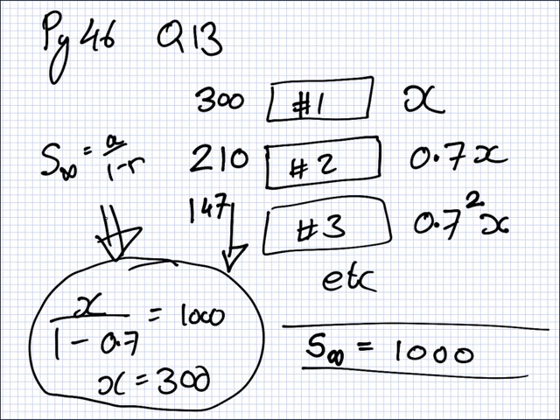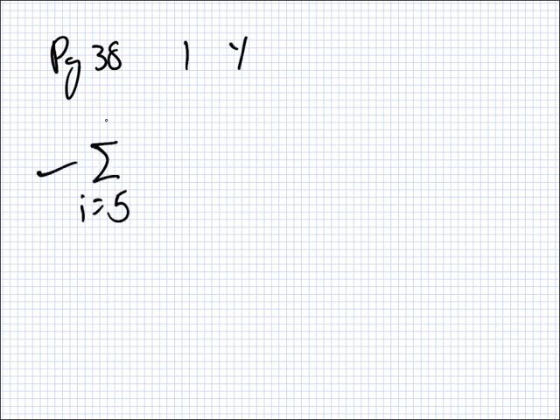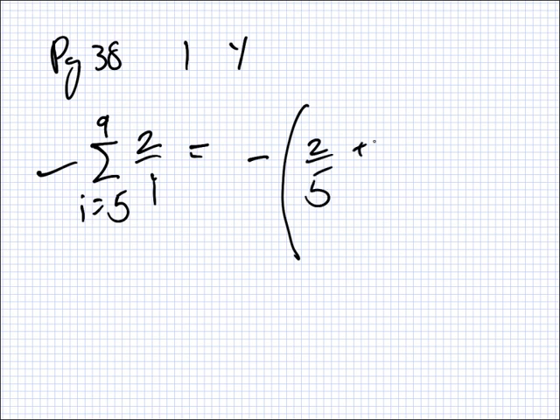Can I scroll down? Yes, okay. Page 38, 1y. Minus the sum from i equals 5 to 9 of 2 over i. That will equal minus, bracket, first we start with 5: 2 over 5, plus 2 over 6, plus 2 over 7, plus 2 over 8, plus 2 over 9.